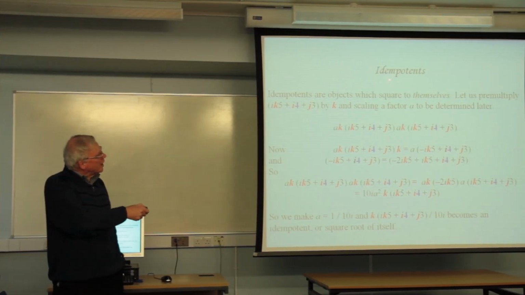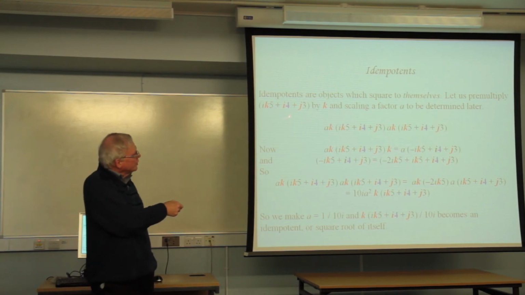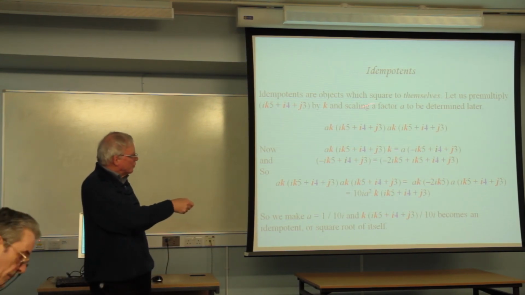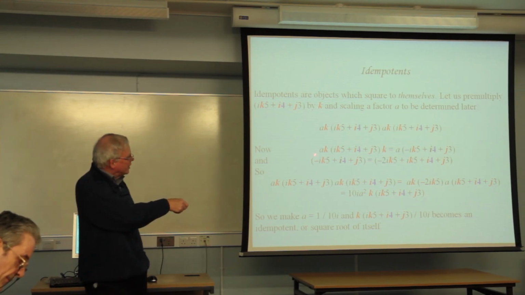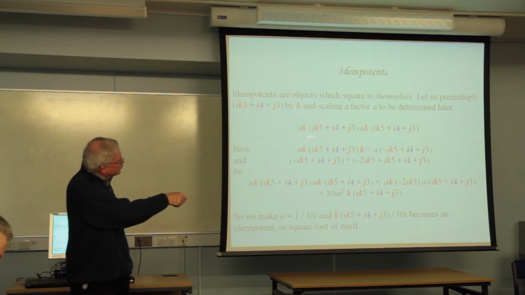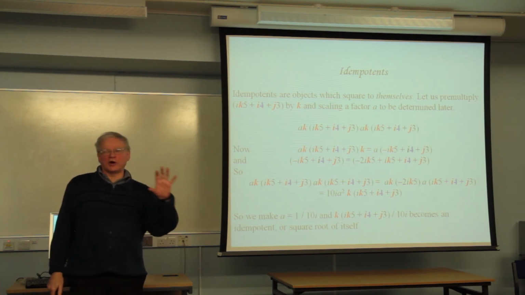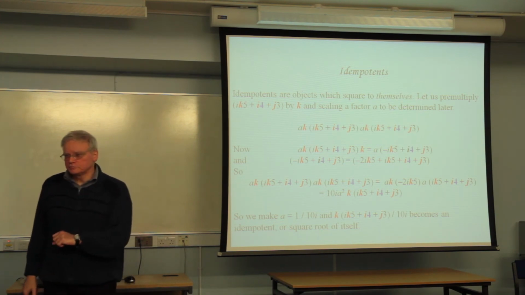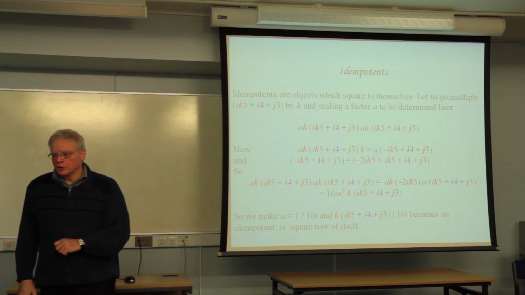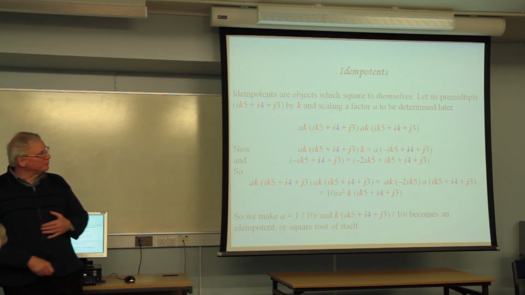And another concept which is important is an idempotent. And this may look complicated, but all I'm trying to do here is show that you can find an object which multiplied by itself gives itself. So not a squared equals 0, but a squared equals a is an idempotent. So given a nilpotent, you can usually create an idempotent from it.